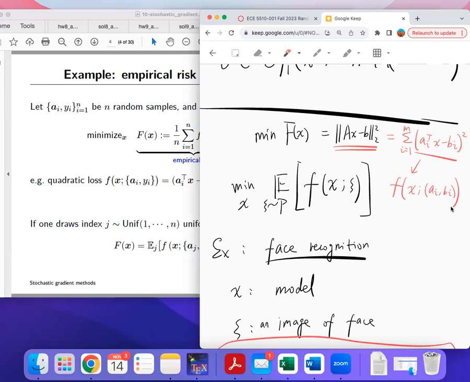So this (a_i, b_i) is C. F is the quadratic loss function. X is the decision variable. So this also fits into the stochastic programming framework.